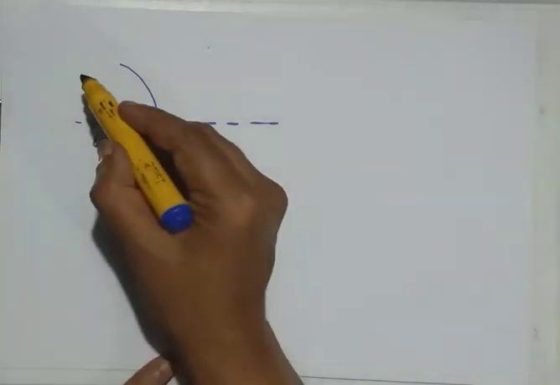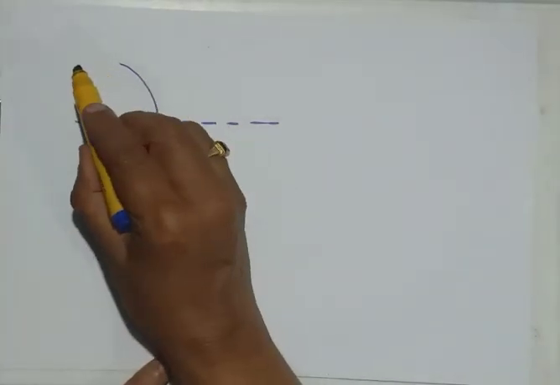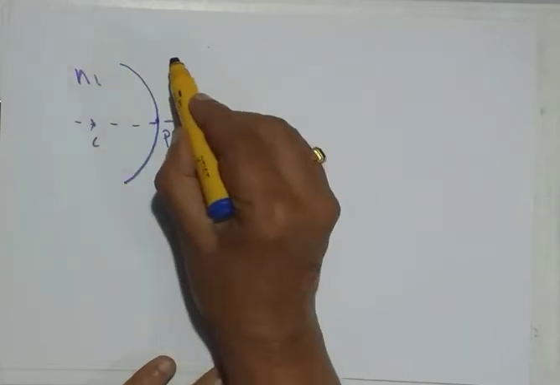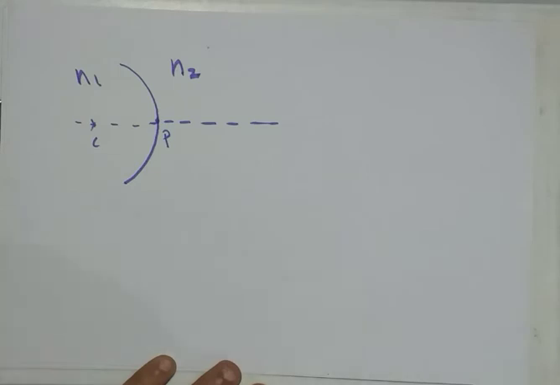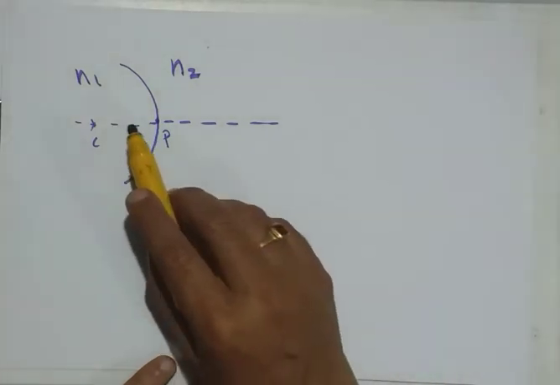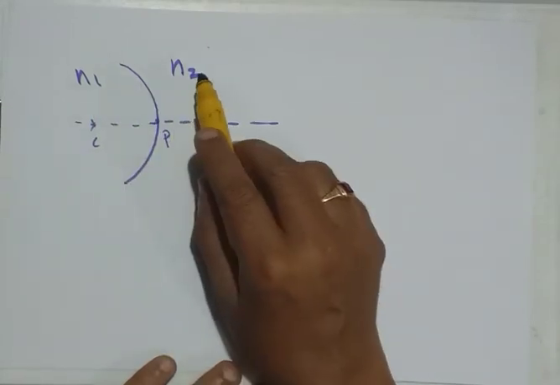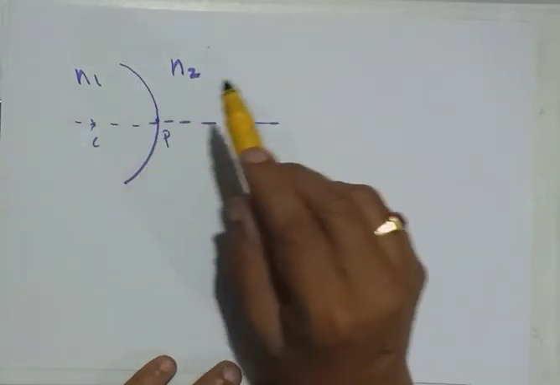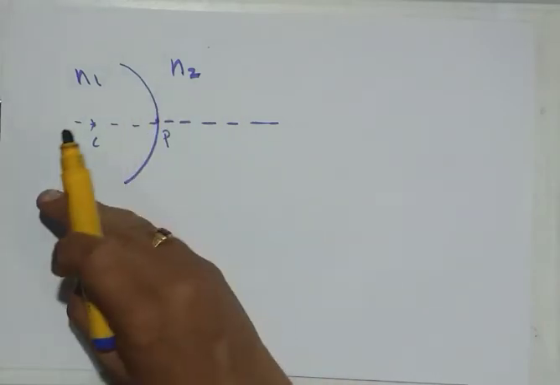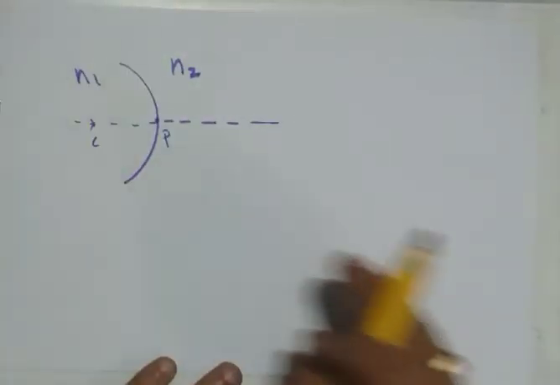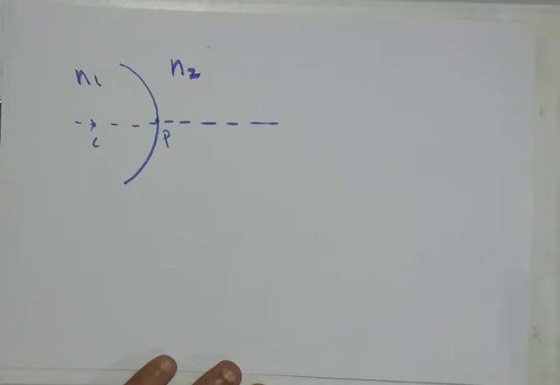But observe, on the left hand side we have one medium, on the right hand side we have another medium. N1 may be larger than N2 or N2 may be larger than N1. That means the surface may be concave towards the denser or towards the rarer medium. That depends on the different cases.